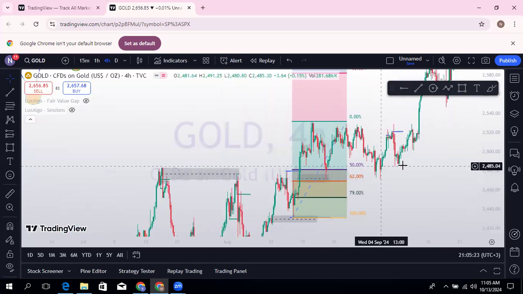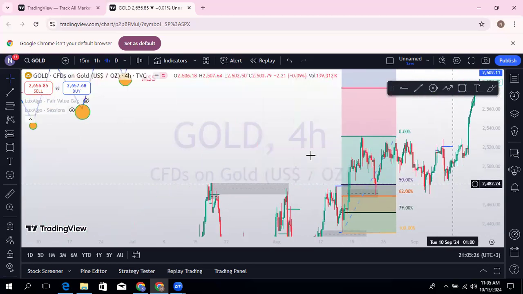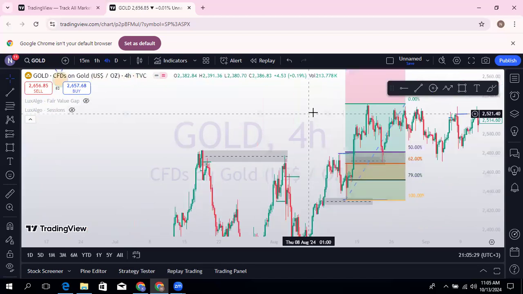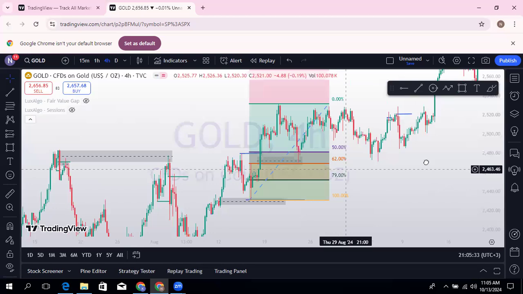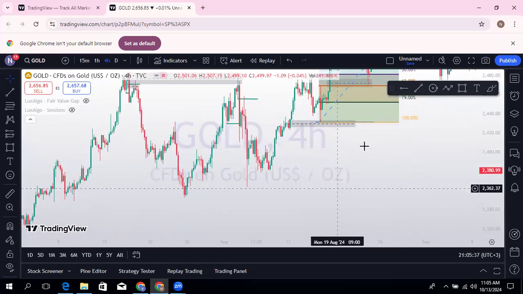So that is it. Now I want to show you the settings used in Fibonacci retracement. Please, these are the settings for the Fibonacci retracement.